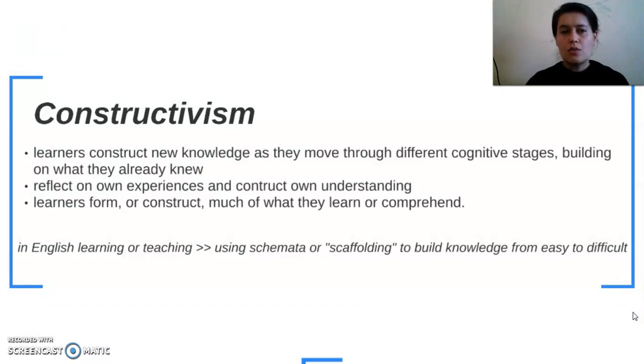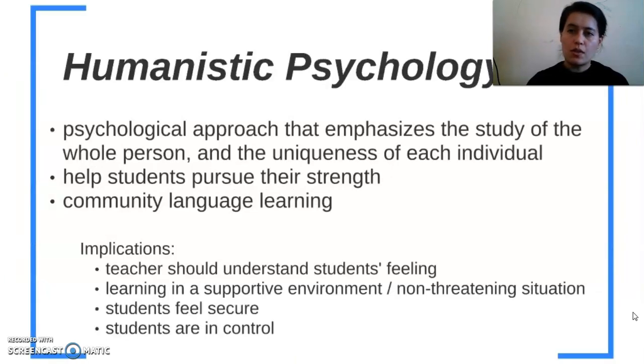Learners construct new knowledge as they move through different cognitive states, building on what they already know. They reflect on their own experiences and construct their own understanding. Learners form and track much of what they learn or comprehend. For example, in English learning or teaching, using scaffolding to build knowledge from easy to difficult.